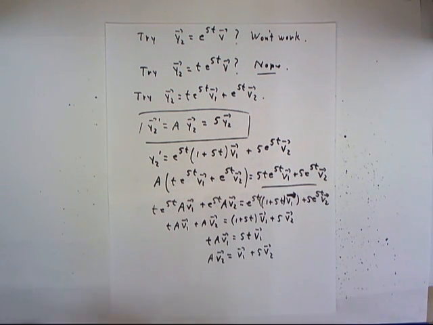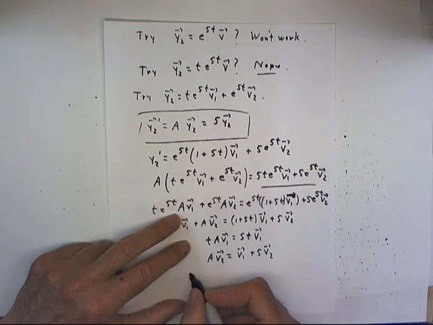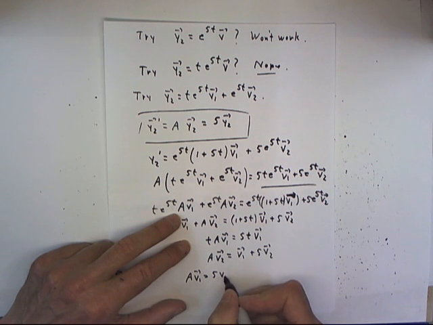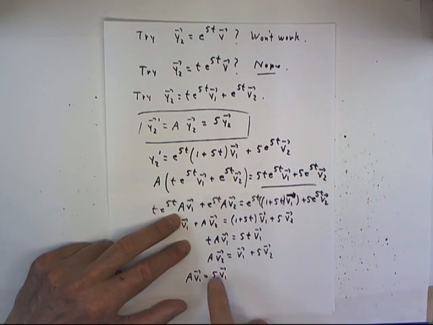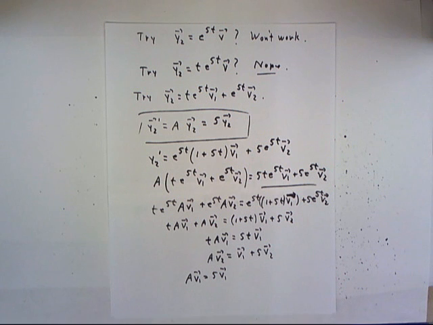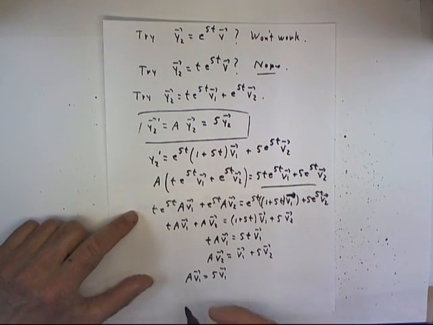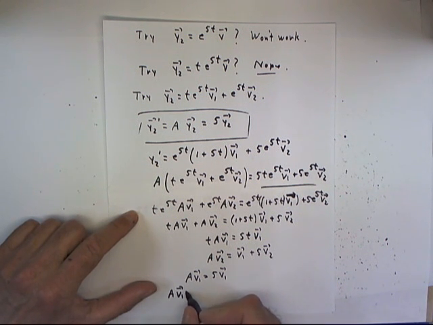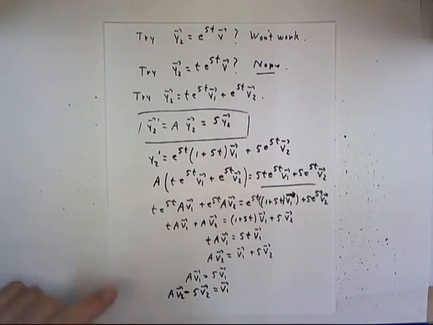Dividing both sides of this equation by t, we end up with A v1 equals 5 v1, and A v2 minus 5 v2 equals v1. The second equation is going to give us A v2, I'm sorry, minus 5 v2 equals v1.